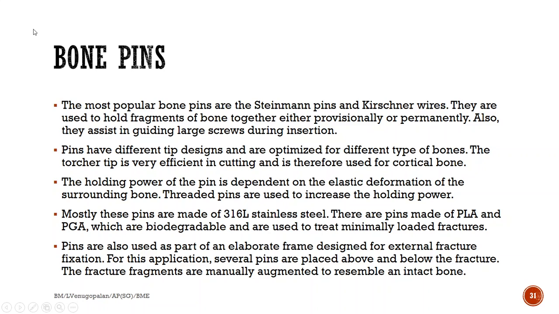You want something to hold the jigsaw together, and in this case you use the bone pins to hold those fragments together, and then use another fixation device, either a rod or a plate, to make sure that all the fragments stay in place and the bone starts healing.